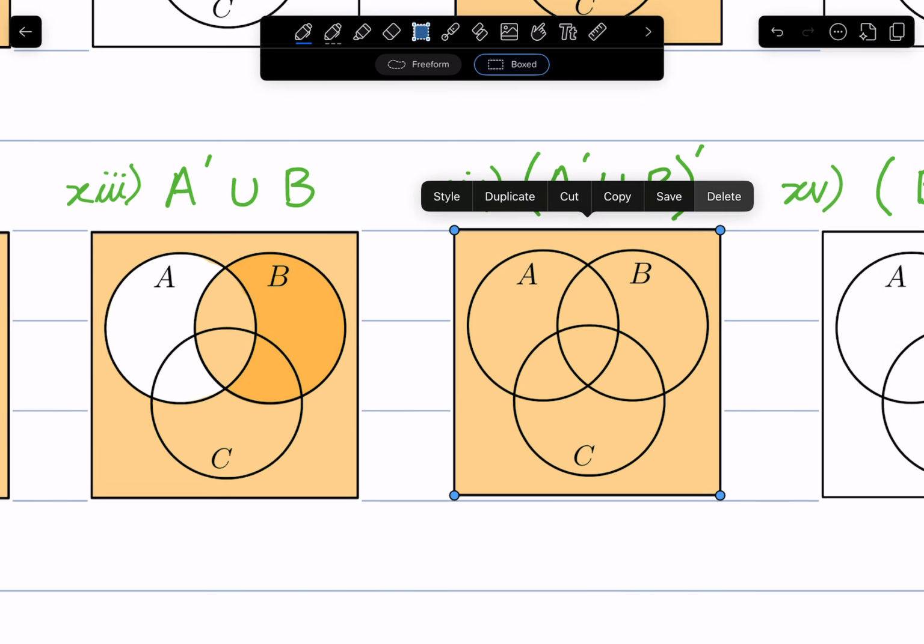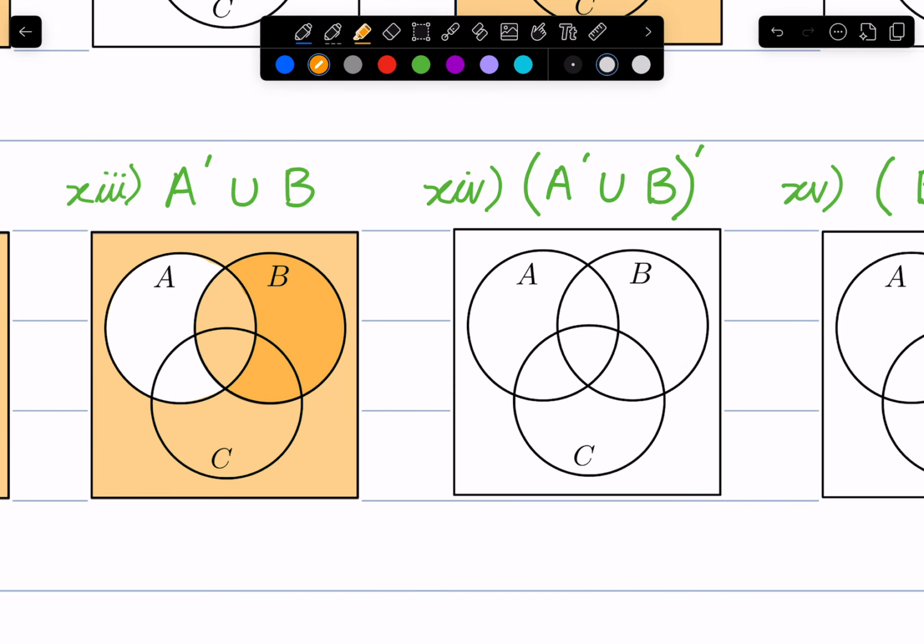Actually, it's just the inside here. I'm going to erase the bits that we don't need, like so. So notice how if we were to combine these two, it'll be everything.